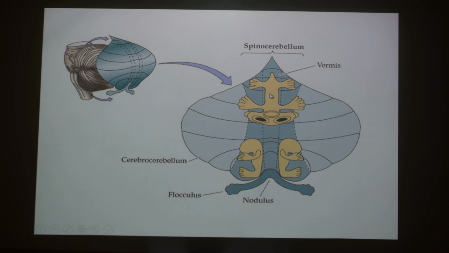Although the homunculus here is not as clear as what you have in the cortex, it is quite fractured here, you can still make out that the anterior portions of the cerebellum are representing the lower limb. So if you have any damage to the anterior portion of the cerebellum, that would lead to leg ataxia.